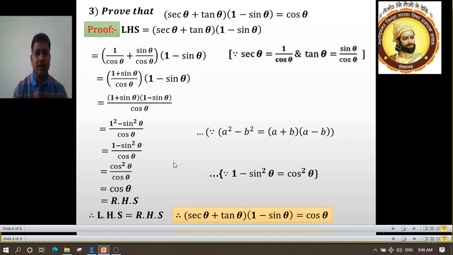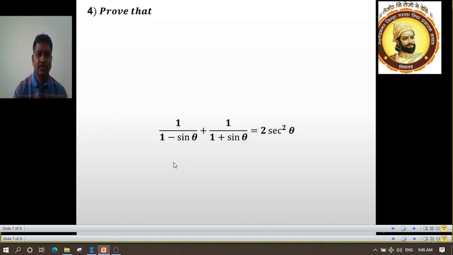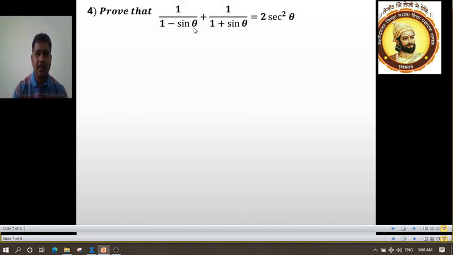Now consider another example. Prove that 1 upon 1 minus sin theta plus 1 upon 1 plus sin theta is equal to 2 sec square theta. Now taking again LHS, 1 upon 1 minus sin theta plus 1 upon 1 plus sin theta.